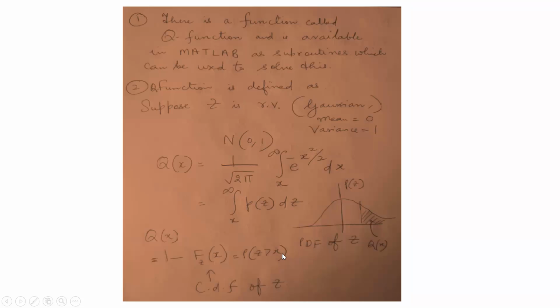So probability of z greater than d by 2 divided by under root of n naught by 2. That means probability z greater than d by under root of 2 n naught, right? So what is this probability of z? As I have already explained, the Q function is actually the probability of this random variable z greater than x, right? So I can write this probability of z greater than x as Q(x).